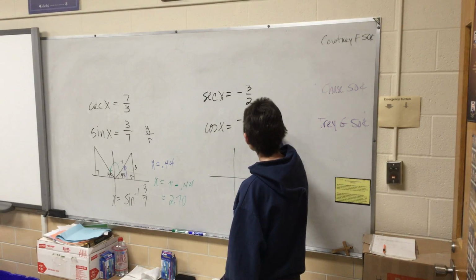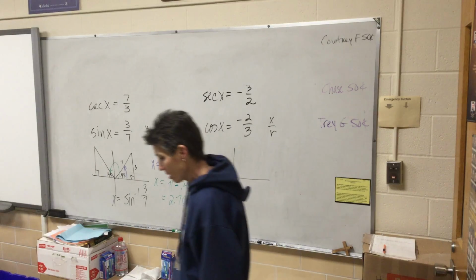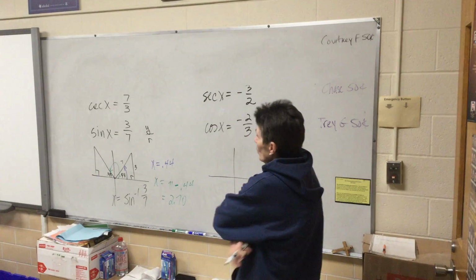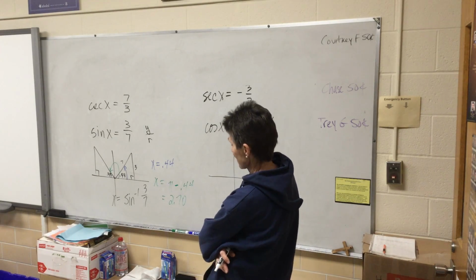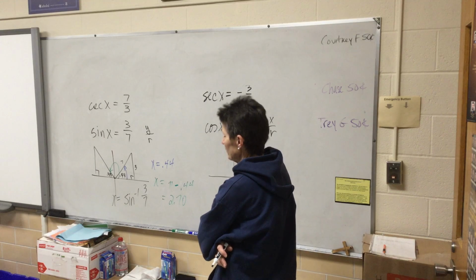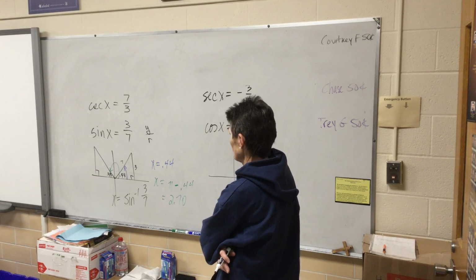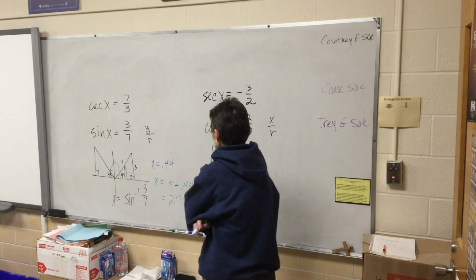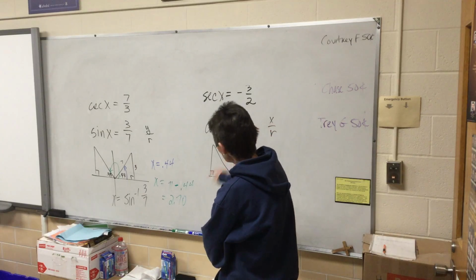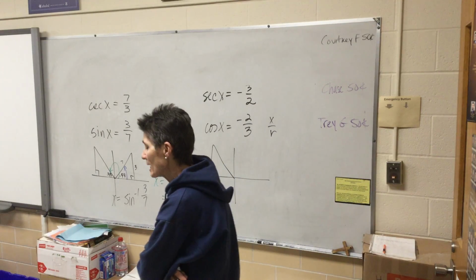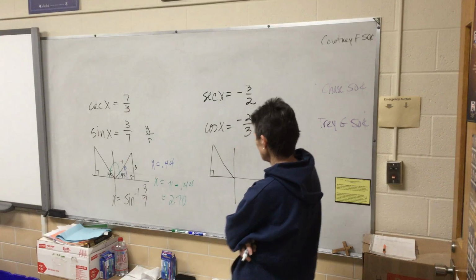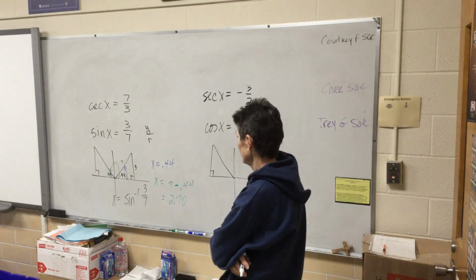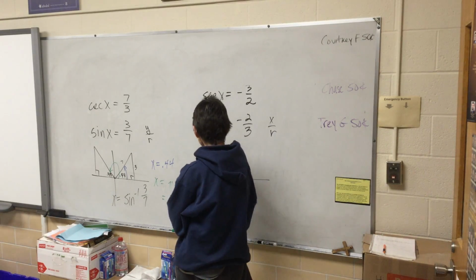So remembering that cosine is x over r, where will I draw my triangles if the cosine has to be negative? Quadrant 2. That's one of them. Certainly, x is negative in quadrant 2. So cosine is negative in quadrant 2. Where else? Quadrant 3. Yep, x is negative in quadrant 3.